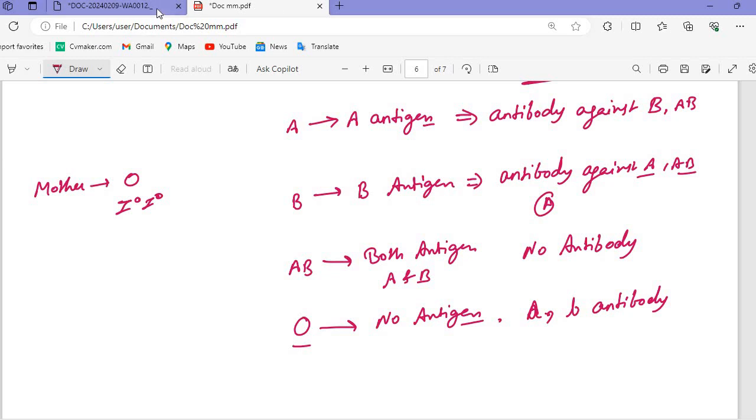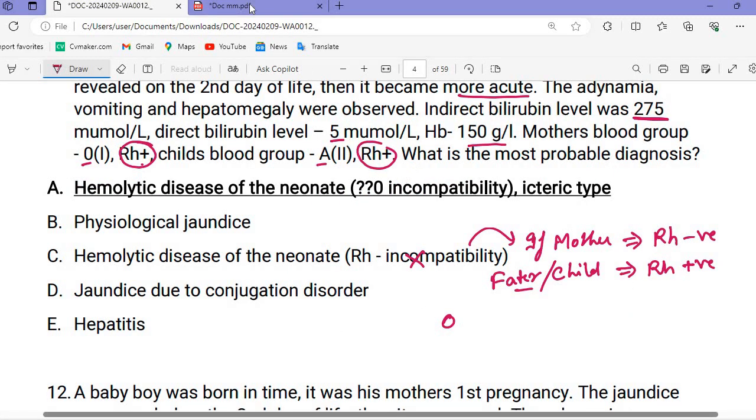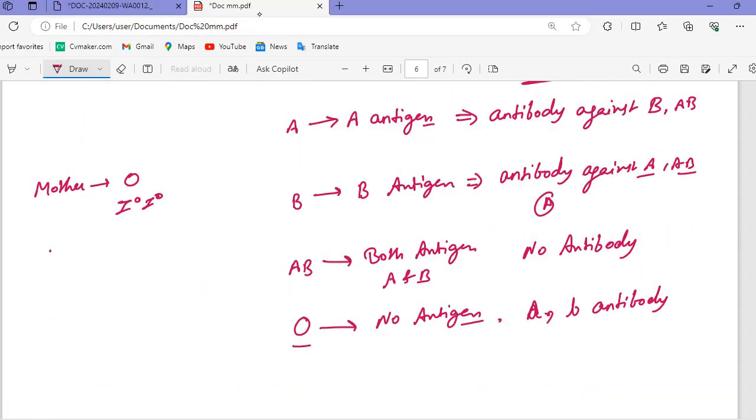And the child's blood group is A, so that is IA. So if no antigen is there, what will be there? The mother has antibodies, against A and against B.